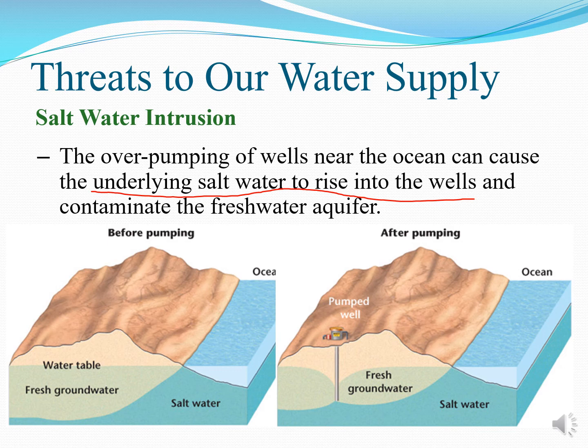So before pumping, you see the water table was good, the freshwater level was good, and at the bottom of the groundwater there's salt water. But now we put a pump in here. Once we overpump it, the fresh water begins to get depressed, and the salt water now becomes our source.